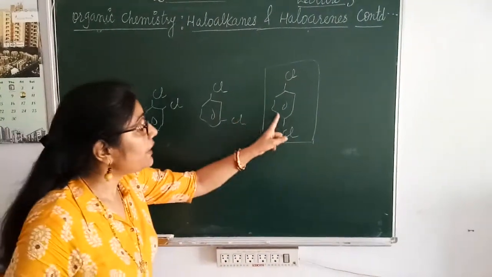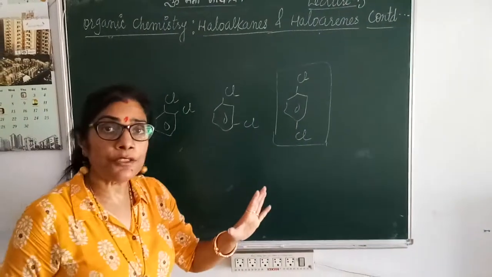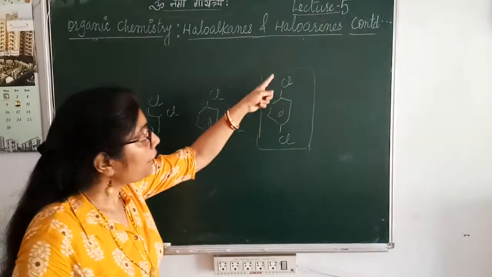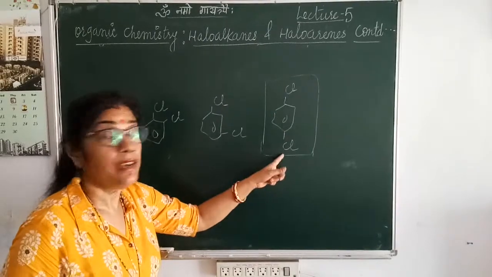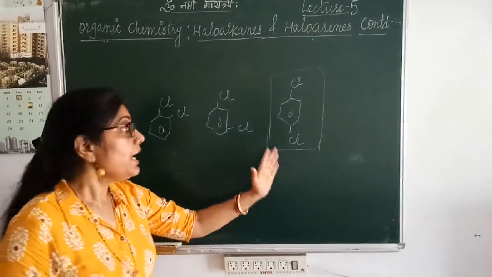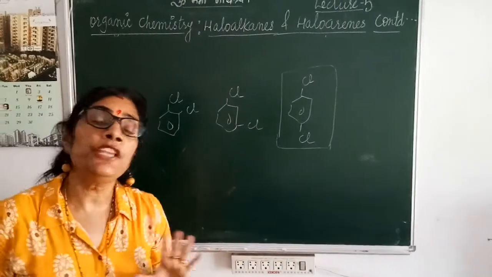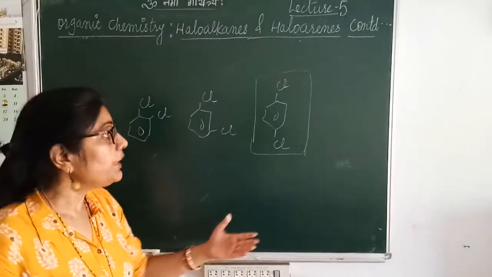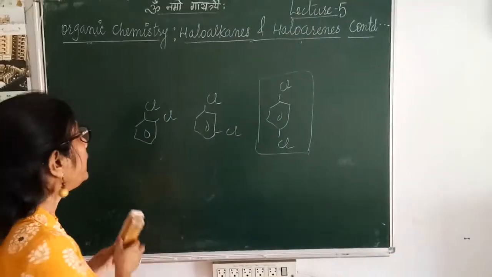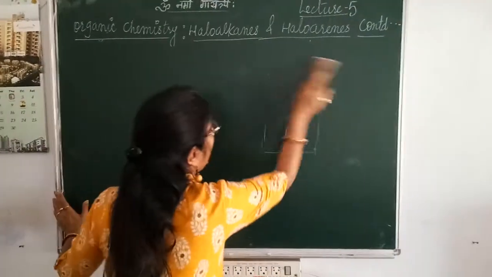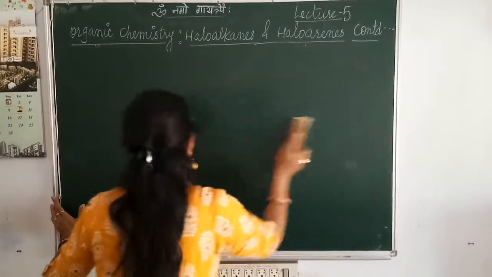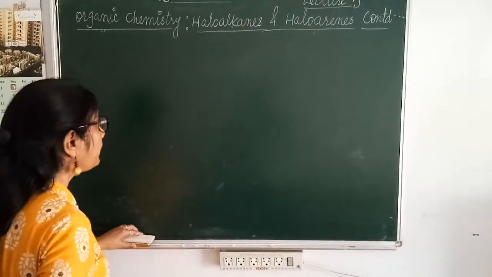Why is the melting point slightly higher for the para-isomer? Because they are symmetrical, lying at an angle of 180 degrees, and since they are symmetrical, they can easily fit into the crystal lattice, so the energy required to break the bond is higher, and therefore their melting point is higher.